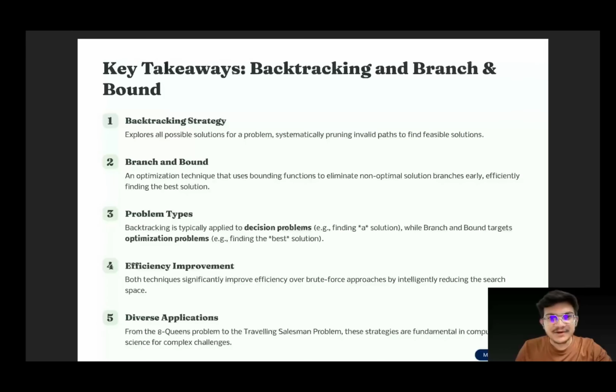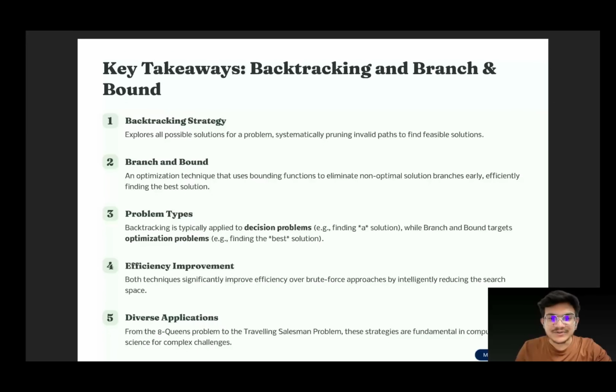So finally, what are the key takeaways and the summary of the final slide? Unit 4. Backtracking explores all possible solutions but burns invalid paths. Branch and bound focuses on finding the optimal solution using bounds.